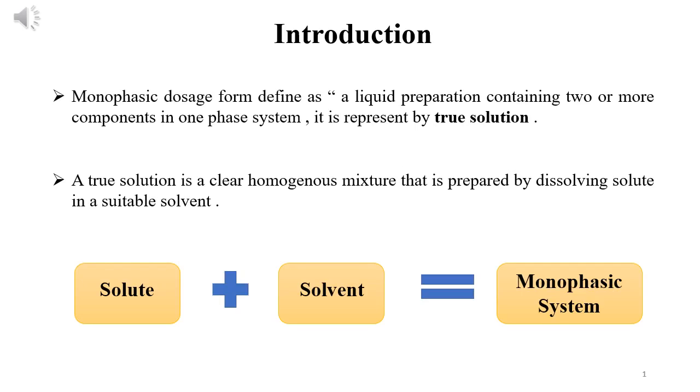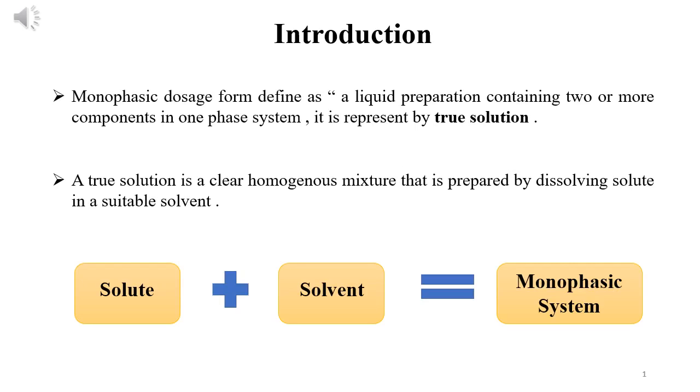The definition of a monophasic system is a liquid preparation containing two or more components in one phase system. It is represented by a true solution. So what is a true solution actually? A true solution is a clear homogeneous mixture that is prepared by dissolving solute in a suitable solvent.